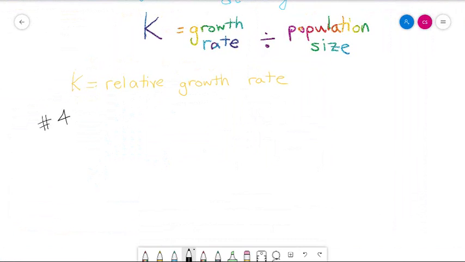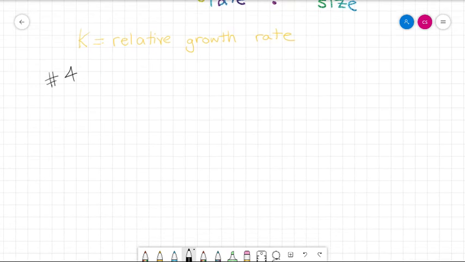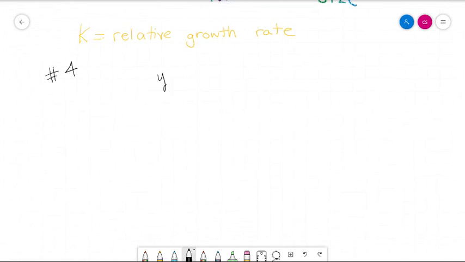So what we know is that, first of all, we know it's a relative growth rate, so we're going to be using this function, or we can also use something like this. Okay, and why is the population? Why is how many bacteria? And we're given some information. After 2 hours, there's 400 bacteria.